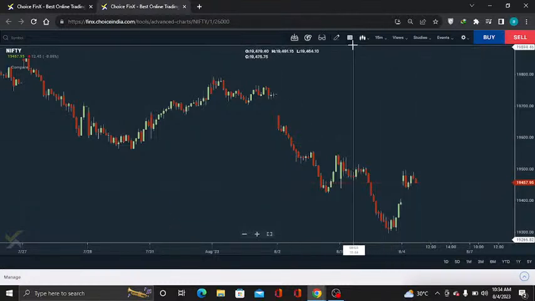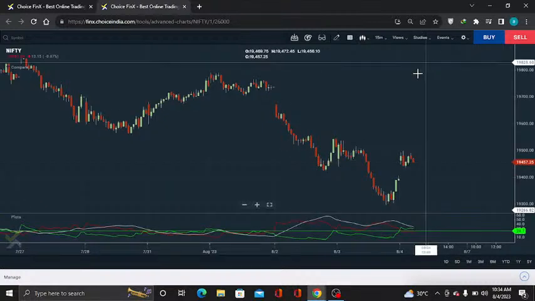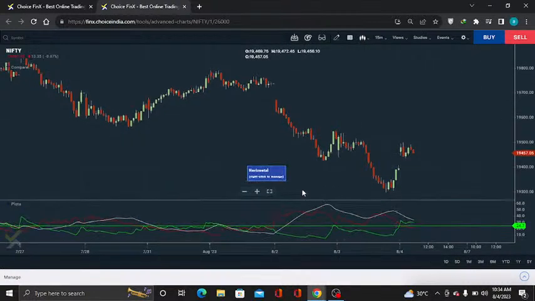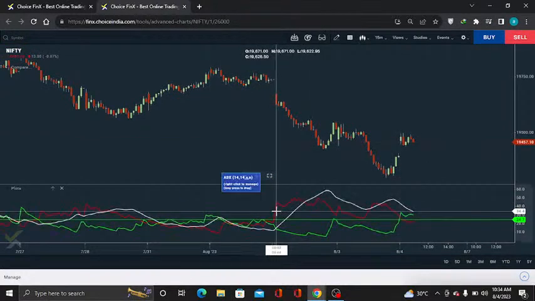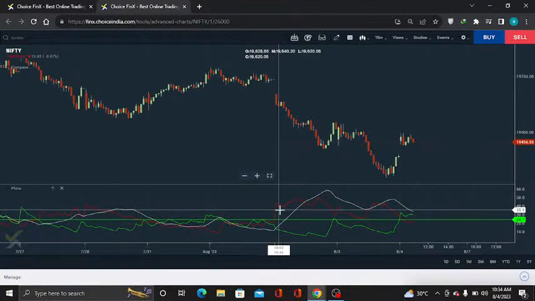Okay, so first I go with the indicator ADX. This is the instrument mostly used to define the direction of any stock. We can use it for stocks, commodities, and currency also.